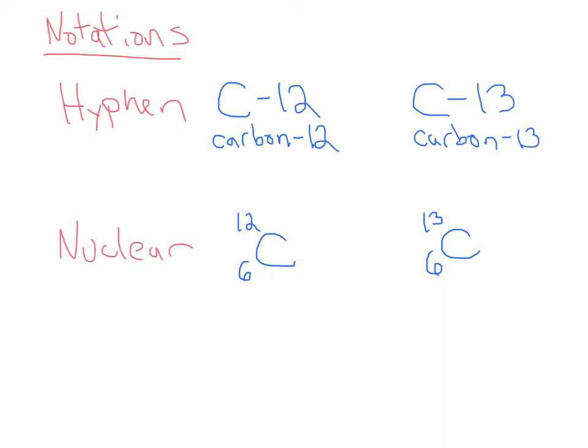And just so you see another example, let's do oxygen instead. Oxygen's elemental symbol is O. It has a mass number of 16. Most common isotope is 16. And its atomic number is 8. And I believe the other one is, if you don't know the other isotope number, I think it's 15.